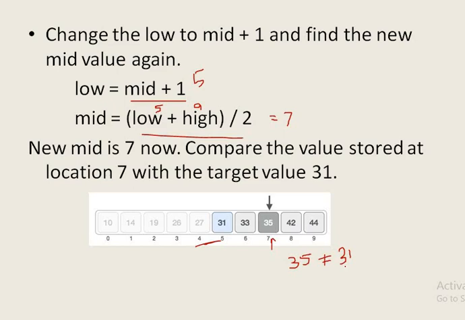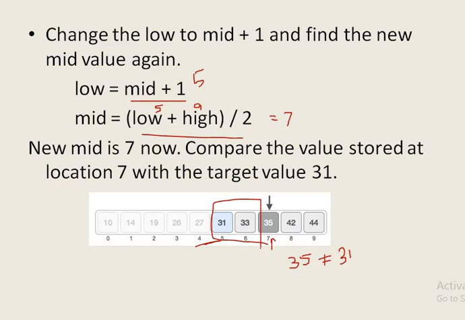Therefore, we have not found the element. Now, you can understand that 35, that is the middle value, is greater than the value that is being searched. Now, we have to apply the searching only towards the left side of this middle value, that is only these elements are to be compared in the next iteration.